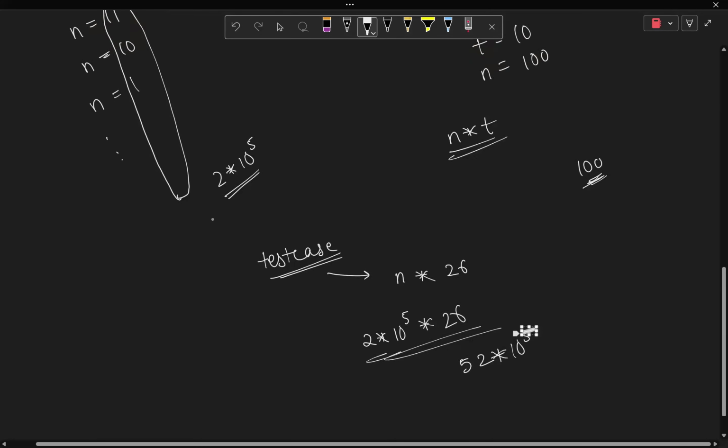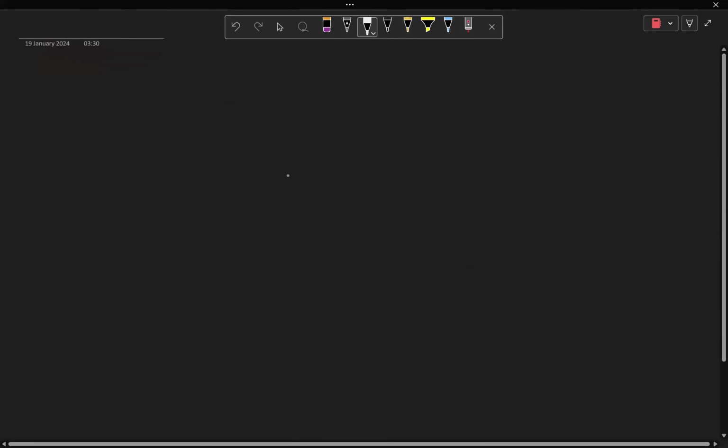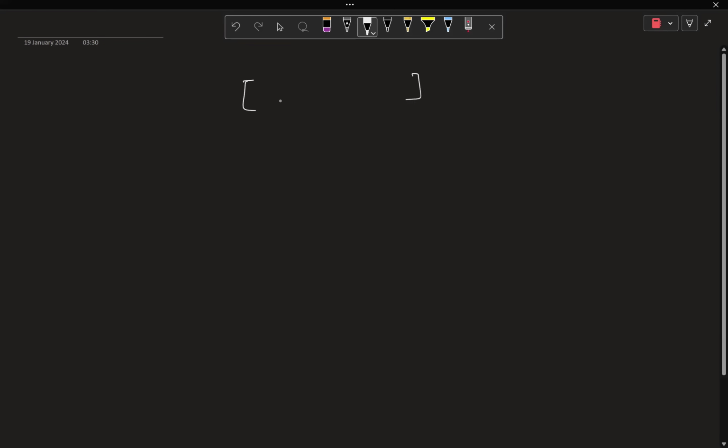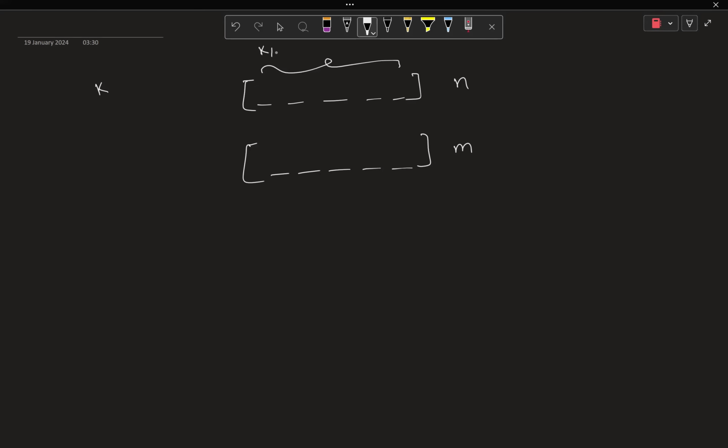So first of all, let's just see what we have to do. We will be given two arrays of size n and size m, and we will be given an integer k as well. What we have to do is, from these n elements we have to choose k by 2 elements, and from these m elements we have to choose k by 2 elements.